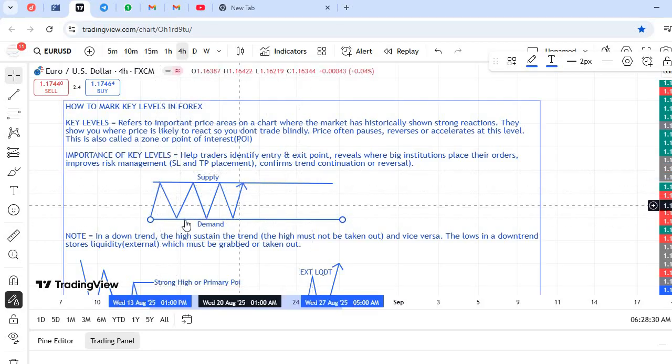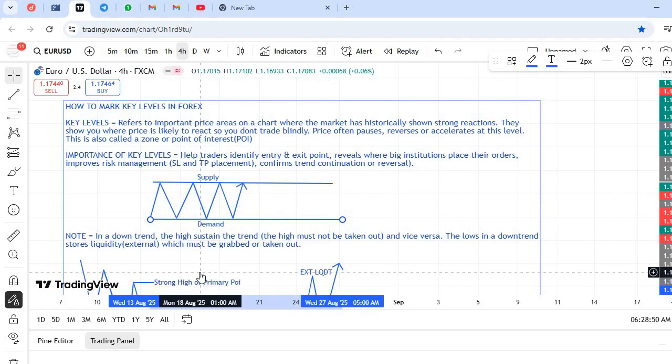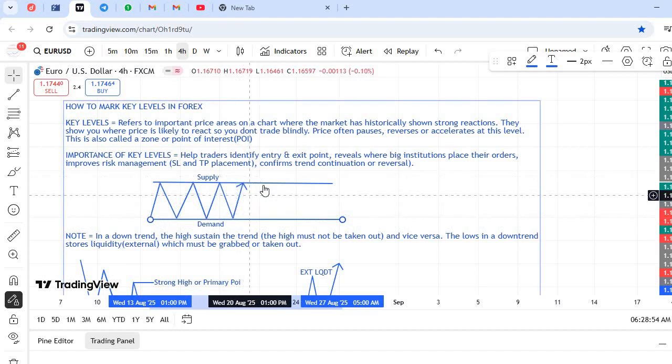So key levels, zones, area of interest, or point of interest, POI. Understand? I'm giving you all these names so that once you are outside with other traders and they are calling these terminologies, you know that they are actually saying the same thing: your point of interest, your area of interest, your key levels, or your zones.